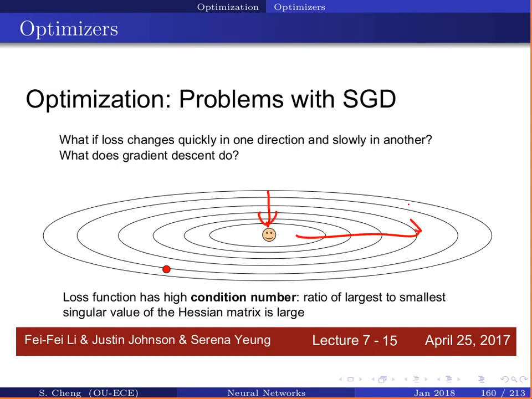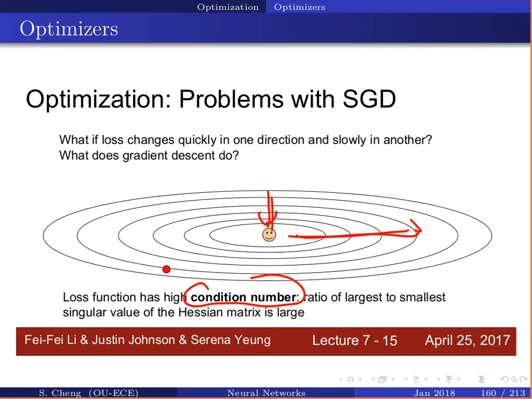More technically, that corresponds to the Hessian matrix, to the loss function having a high condition number. The condition number is defined as the ratio between the largest and the smallest singular value.